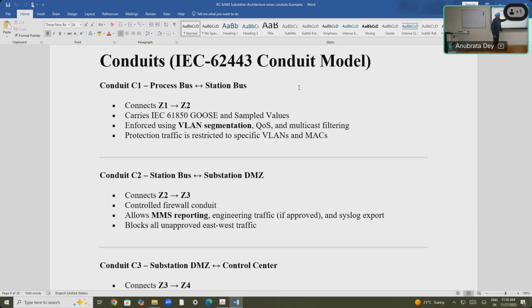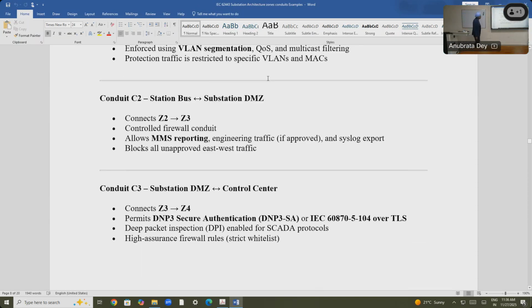You are going to restrict the traffic to only specific VLANs as well as MACs. And then your second conduit is between the station bus, zone 2, and zone 3. Zone 3 is the demilitarized zone. So you will have a controlled firewall. Obviously, all conduits normally will have a firewall, and it will allow MMS reporting and any approved engineering traffic. And it will block all unapproved east-west traffic.